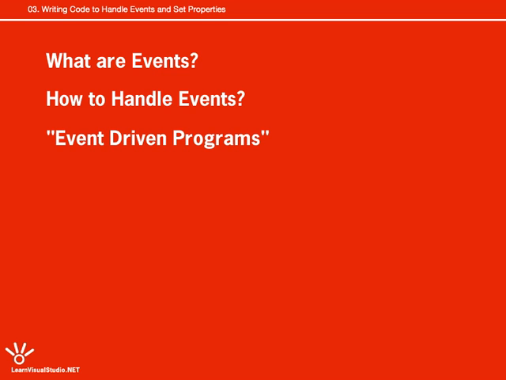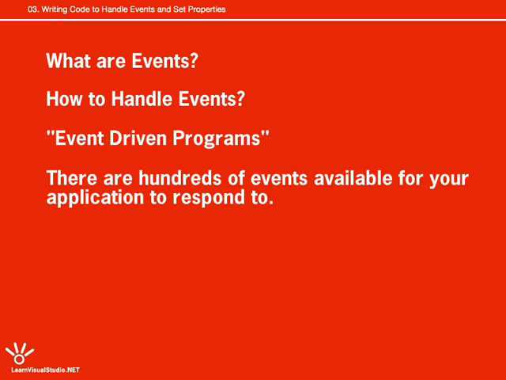Visual C# 2005 Express Edition helps you create event-driven programs. Now, what is an event-driven program? All that means is that your applications will respond to events. And an event can be something as simple as program started, or could be user clicked button, or maybe it's user typed a certain key on the keyboard, or any number of interactions between your program and anything else that's outside of that program.